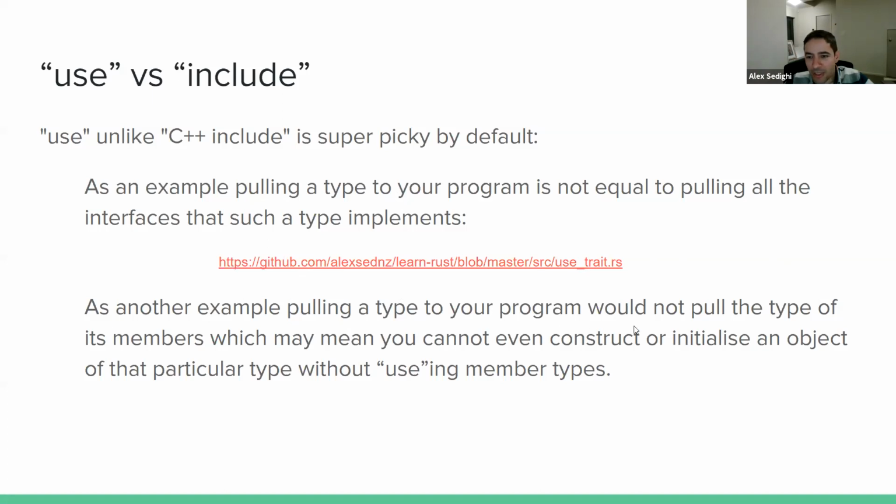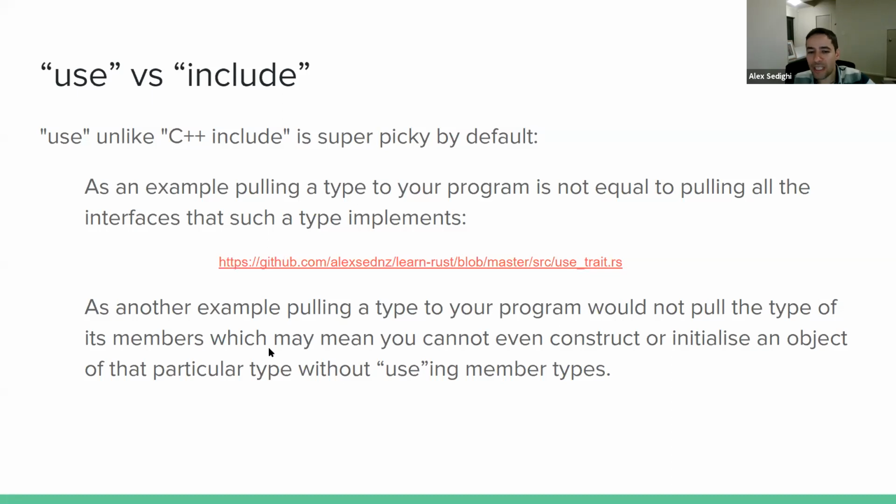Another example: if you've got a structure A, and the structure A has member variables, and a member variable is of type B, you think just by using A, you have brought in the type B, but it's not the case.